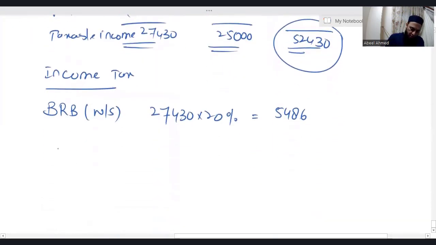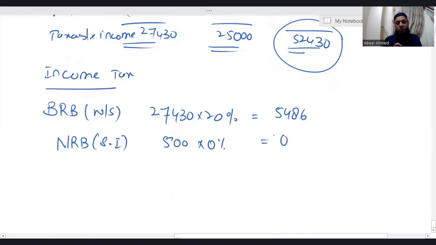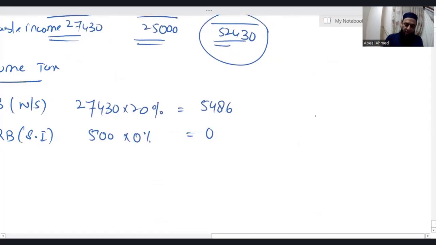So let's see, nil rate band, saving income, 500 at 0% is obviously 0. Now it's very interesting. Now you have to check how much space is still left in the entire basic rate band. The basic rate band limit is 37,700.